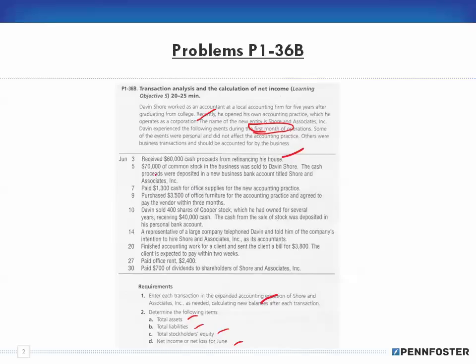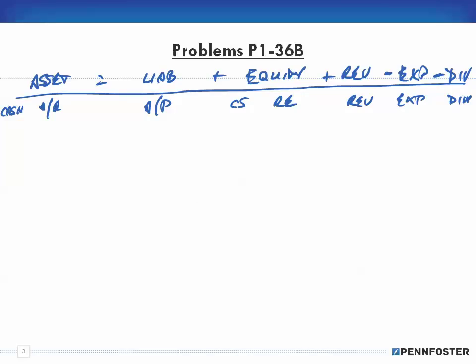June 5th, $70,000 common stock in the business was sold. The cash proceeds were deposited in the new bank account titled Shore and Associates. If you watched previous videos, you know that I asked the question, am I affecting cash? And if the answer is yes, is it an increase or a decrease?